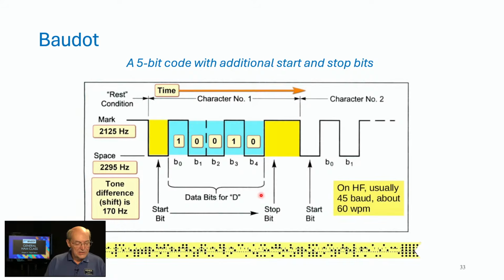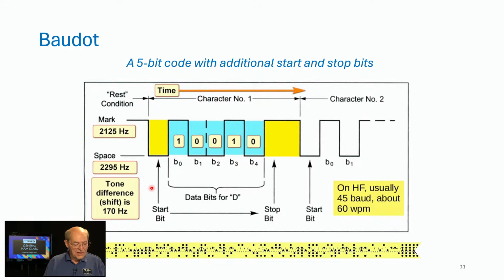All right, so let's look at this a little more. 5-bit Baudot is a 5-bit code with an additional start and stop bit incorporated. So let's start off here. We've got our mark frequency and our space frequency. It's idling with the mark frequency. So when the mark goes from 2125 to 2295, that corresponds to a 1 going to a 0.